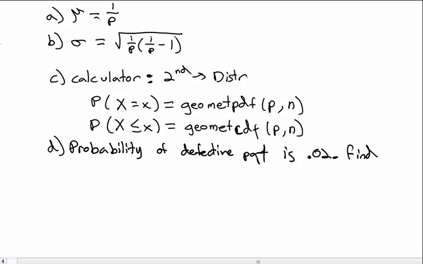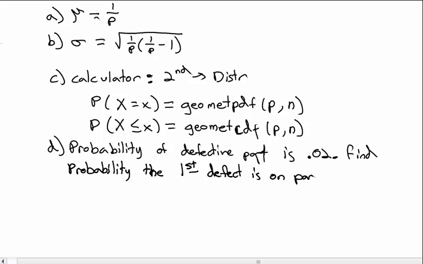We're going to find the probability the first defect is on part 7.